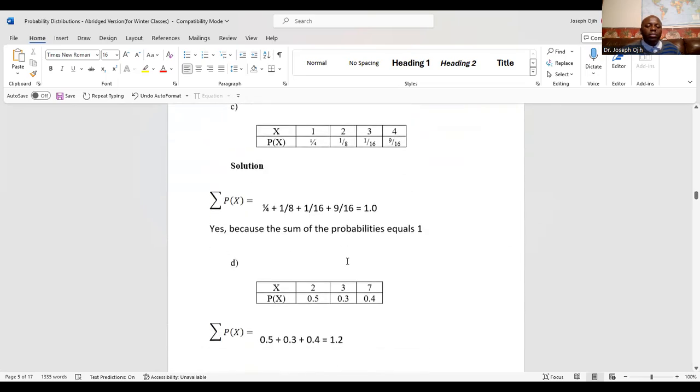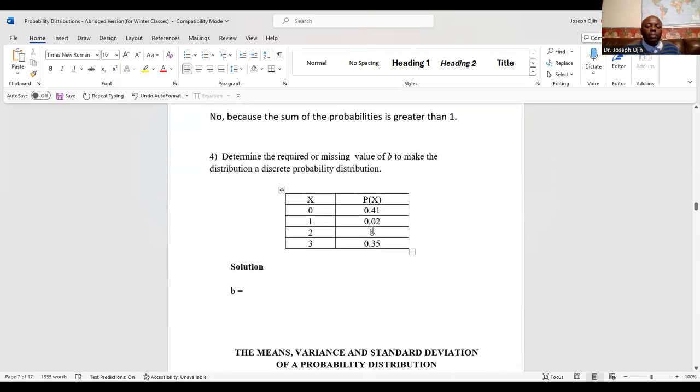So you know that already in the back of your mind. With that, you can say, okay, that means to get this, you do 1 minus all these probabilities. So you have 1 minus 0.41 plus 0.02 plus 0.35, and that will give you the answer you're looking for.